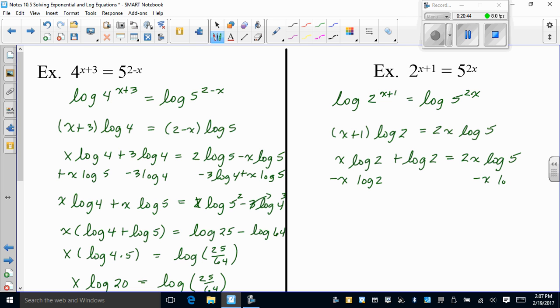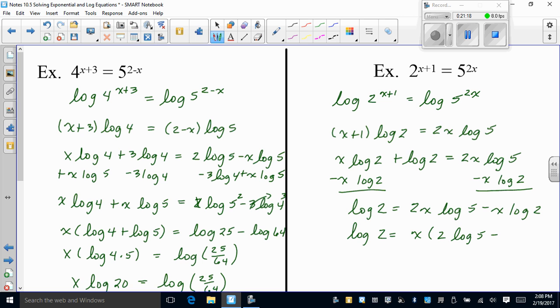So I have log of 2 equals 2x log of 5 minus x log of 2. Okay, factor out the x. So I have log of 2 equaling x times 2 log of 5 minus log of 2.